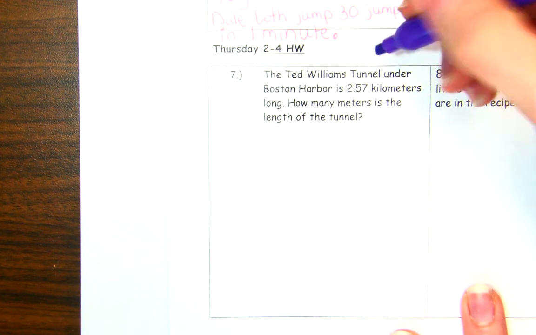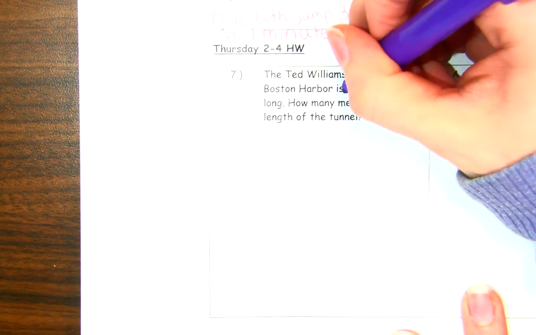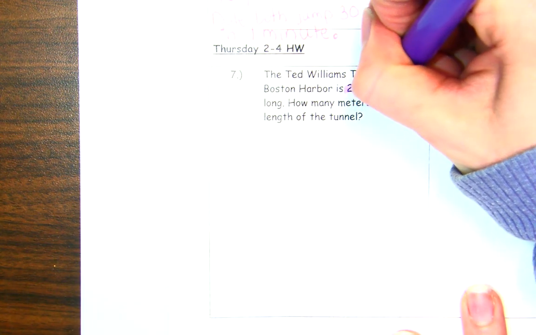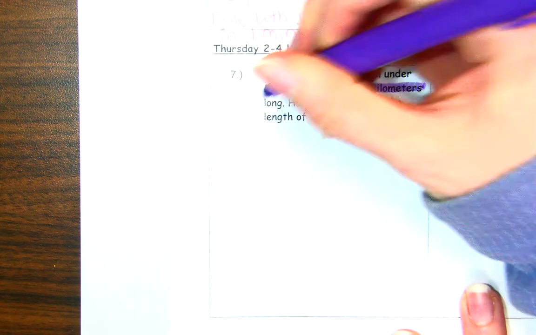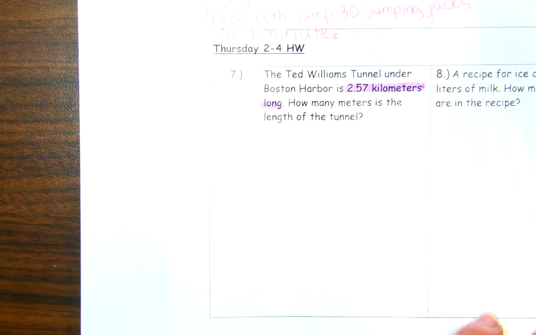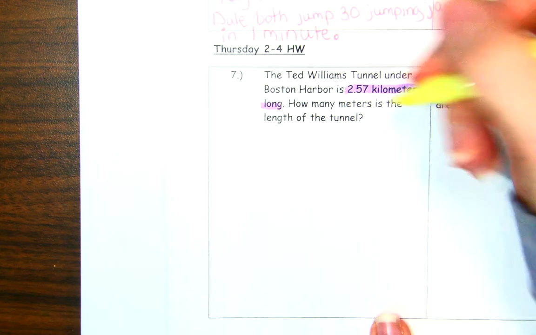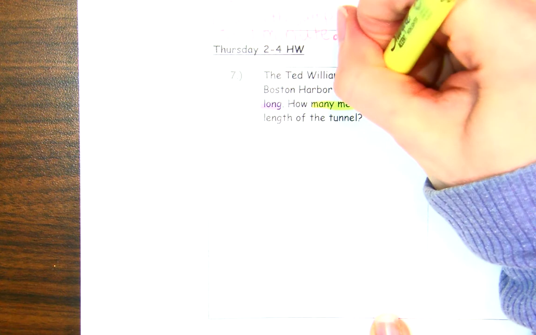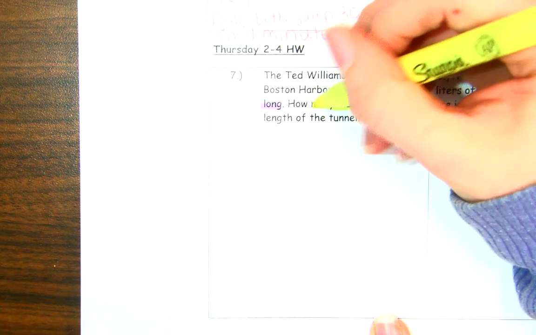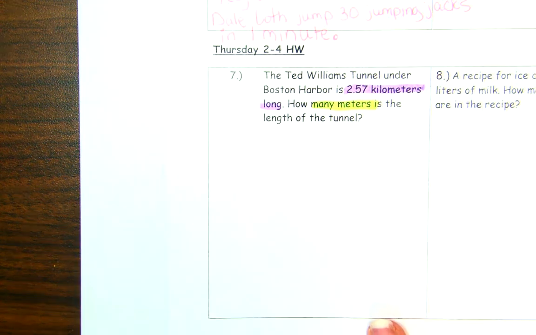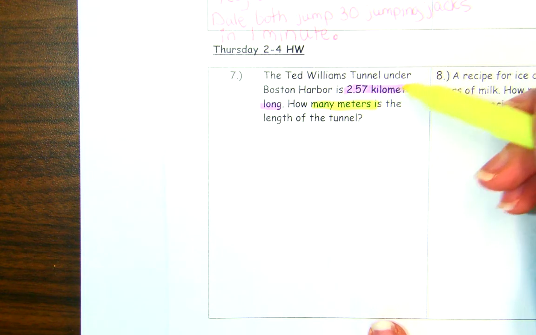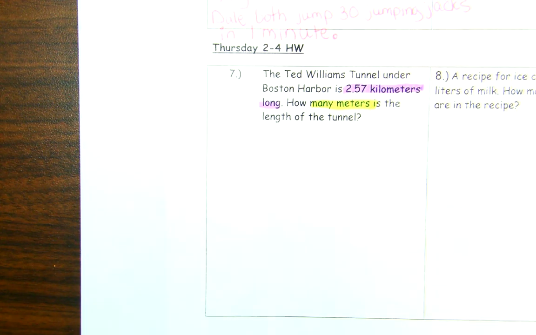It says this tunnel is 2 and 5,700 kilometers long. If you read your question carefully, it switched units on you. It says how many meters is the length of the tunnel. So I need to go from kilometers to meters.